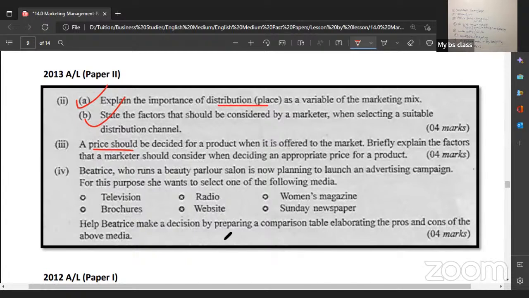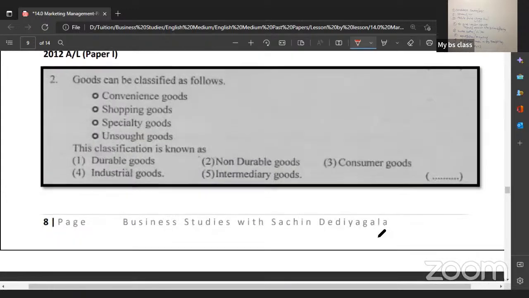Help Beatrice make a decision by preparing a comparison table, elaborating the pros and cons of the above media. Radio, just only the audio output is there, no visuals, no videos. Browsers, websites and those stuff.